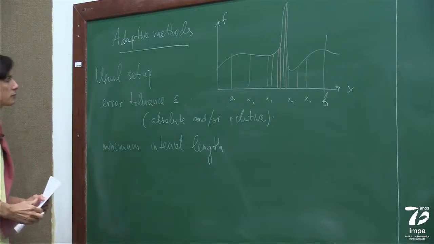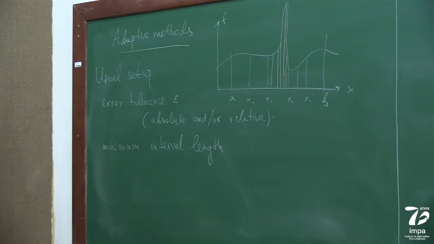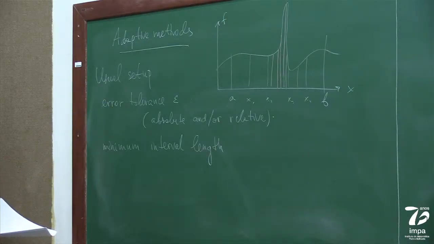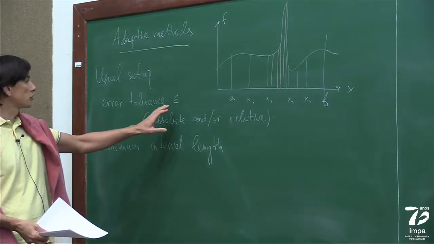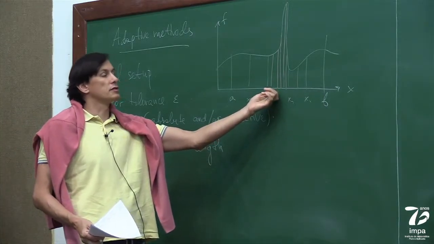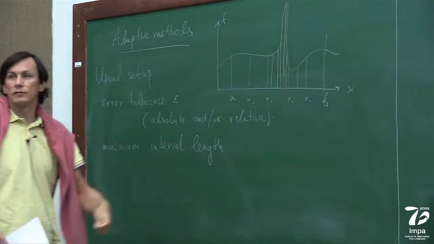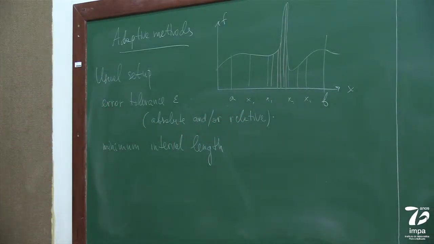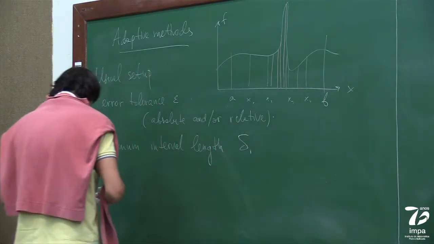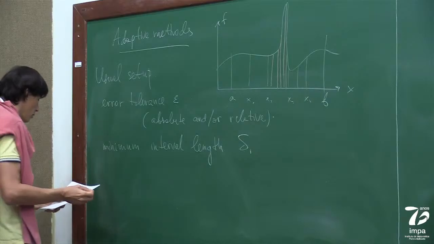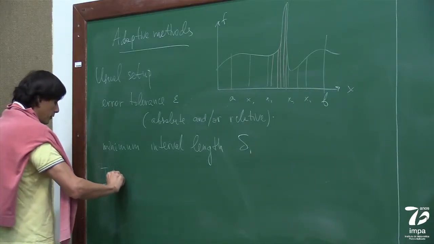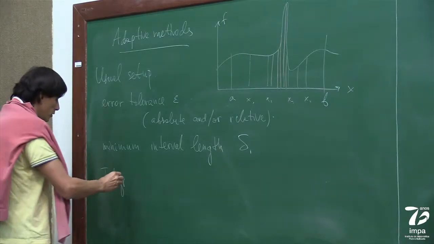This is because sometimes, for example, if the function is discontinuous, maybe you never reach the error tolerance that you want, and then the method will start to decrease the interval, which never converges, so it's useful to put a minimum length. And then the method is the integration step.